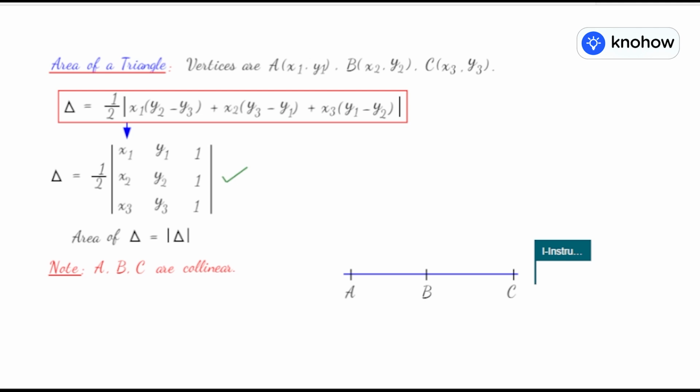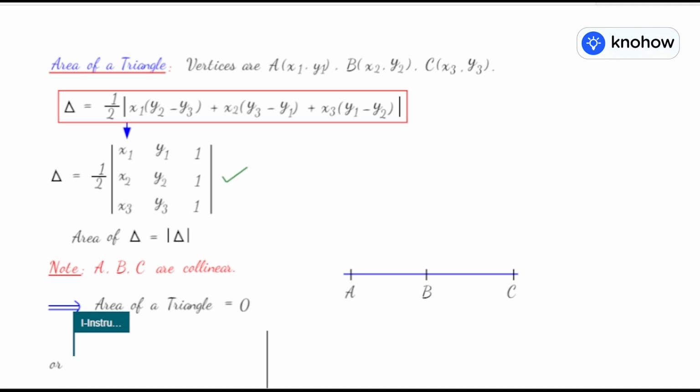So both ways, 3 points A, B, C are collinear if and only if area of triangle is 0, or in other words the value of determinant is 0. Half we can omit, because half multiplied with 0 will not make a difference.